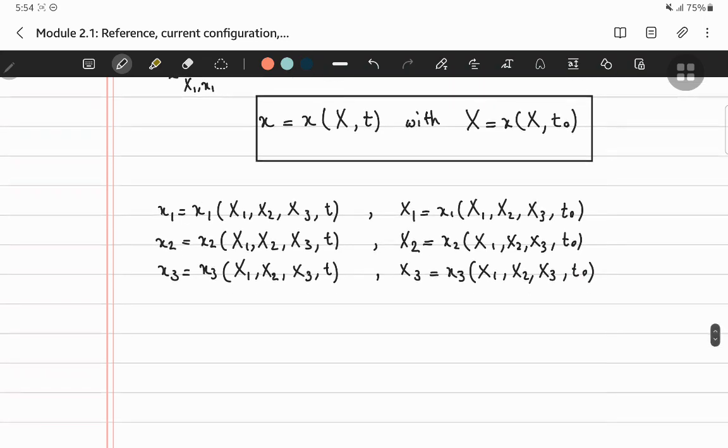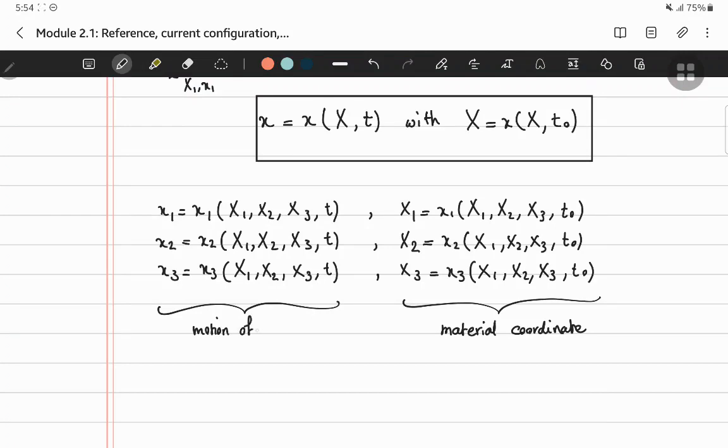So basically, we call these the material coordinate, or base or reference coordinate, and we call this motion of continuum, or current configuration.